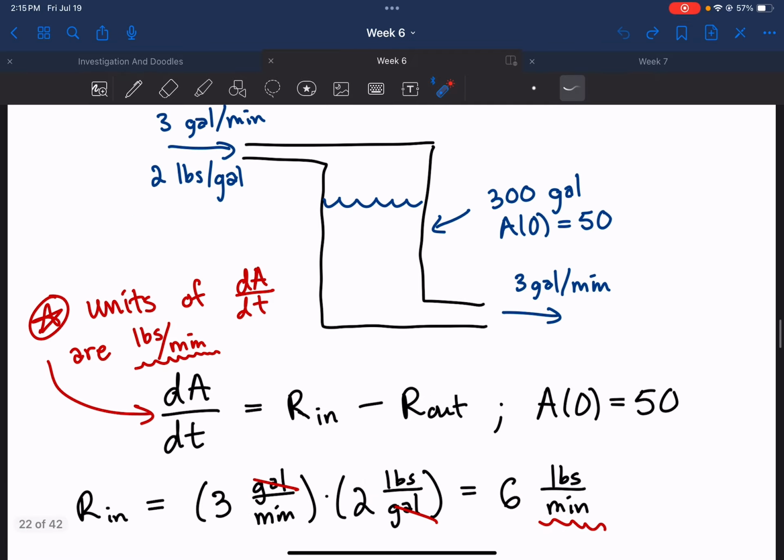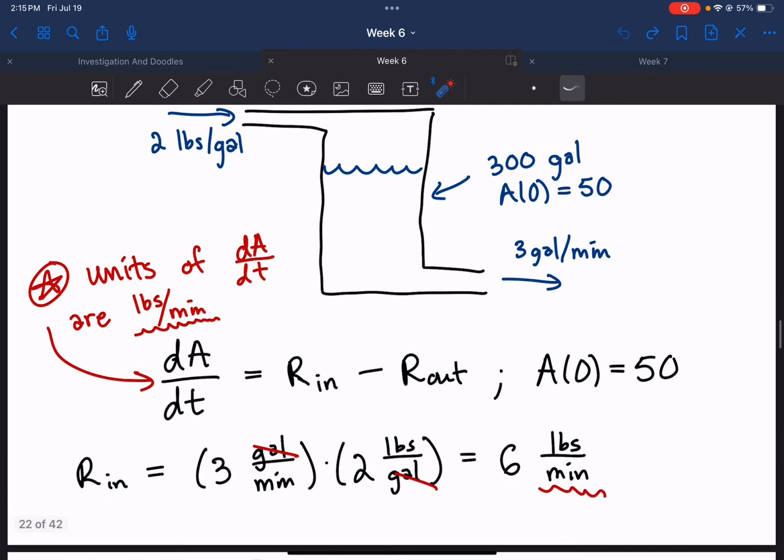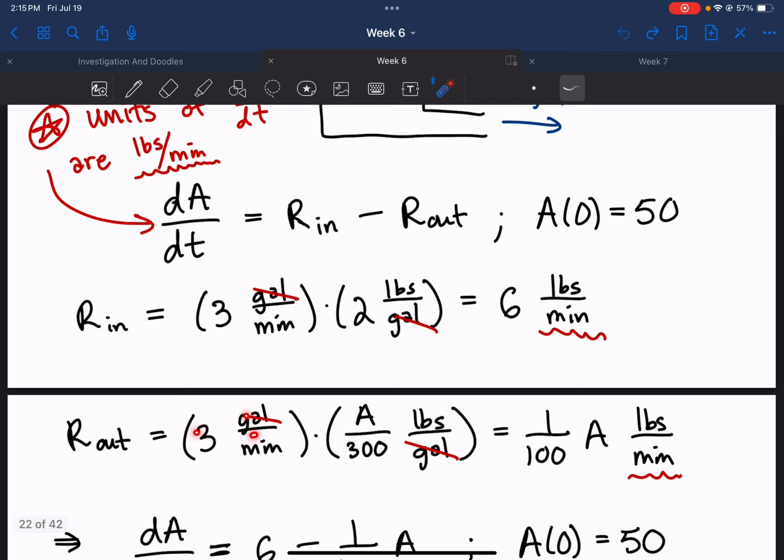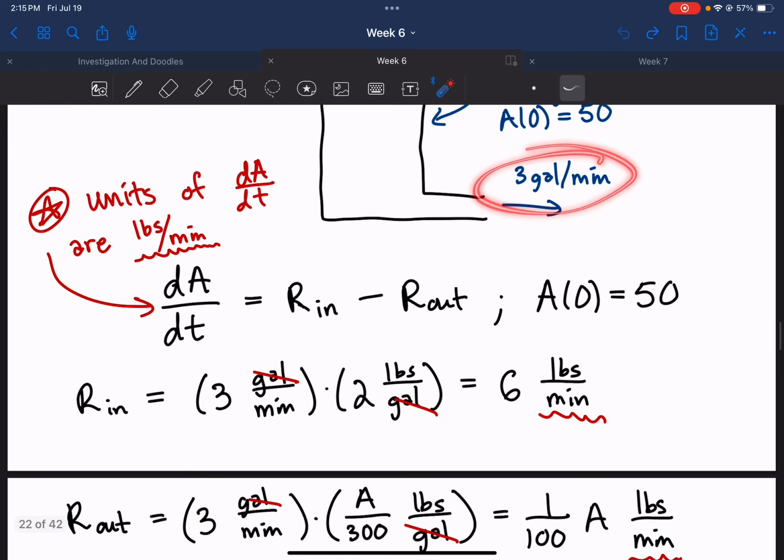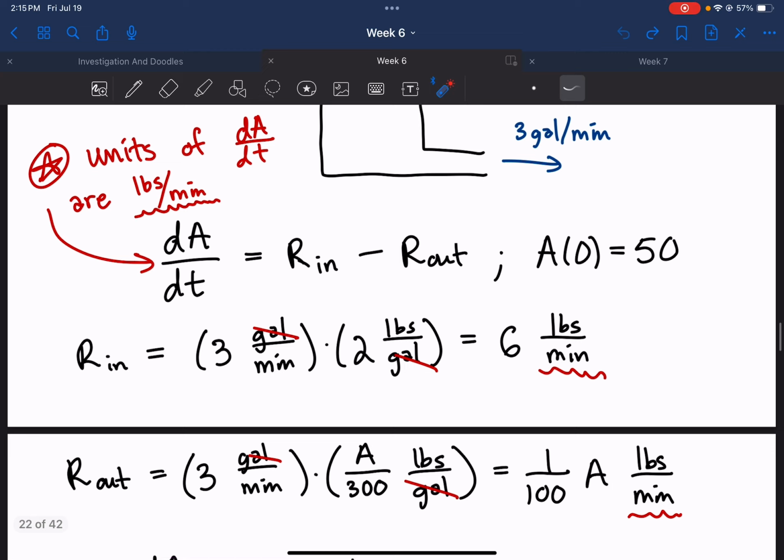Same with the rate out. So I multiply 3 gallons per minute, that's the output flow. And then I need the concentration of salt water leaving.